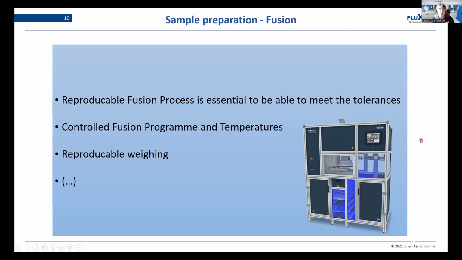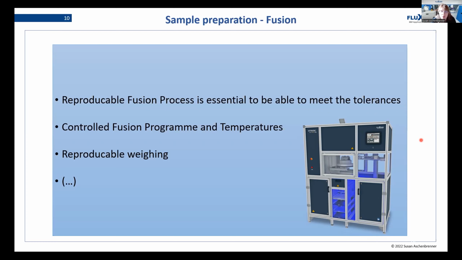So what did we say? Sample preparation, it's very important that you have a reproducible sample preparation because of the tolerances. For the fusion process, this is obviously also essential. A fusion process can also be good or bad. So the fusion process or sample prep that you're using has to be reproducible.